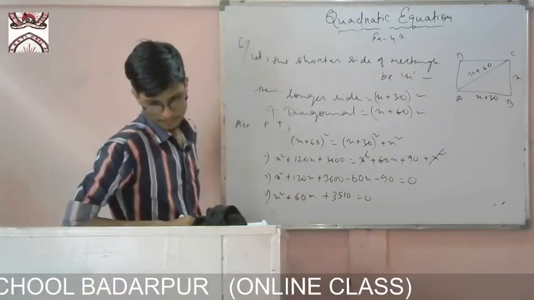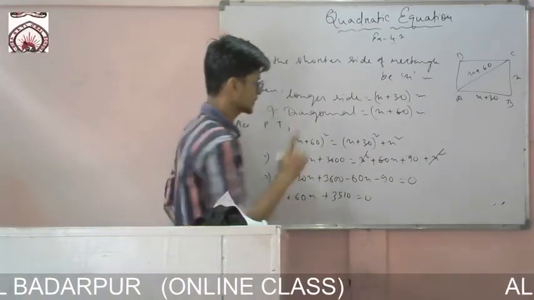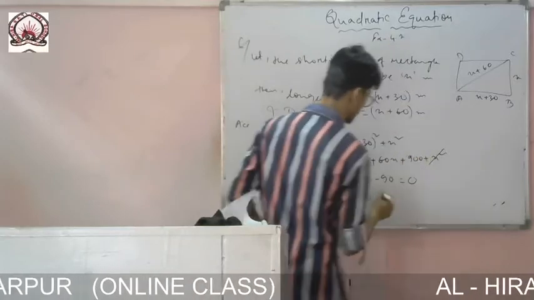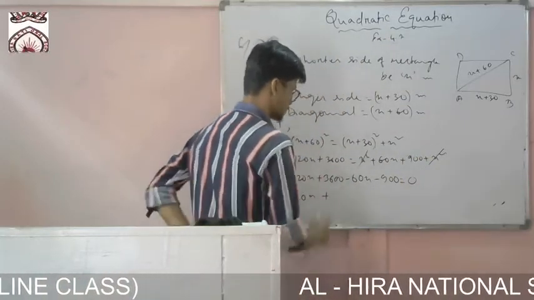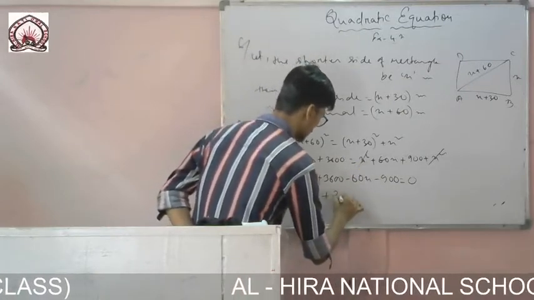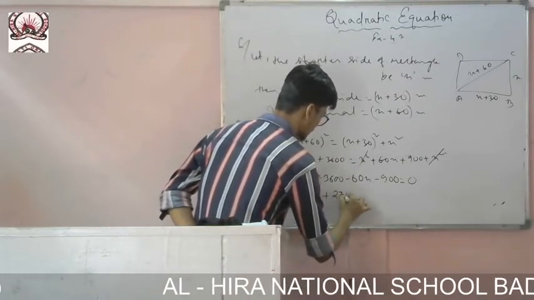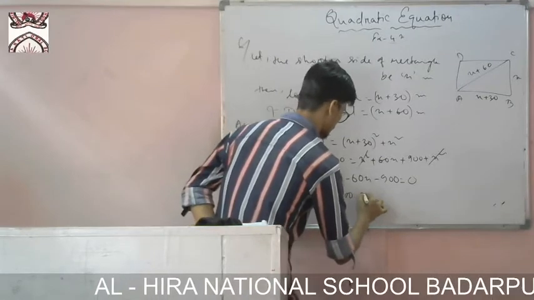30 squared, not 90, 900. So if I subtract, it will be 2700 equals to 0.